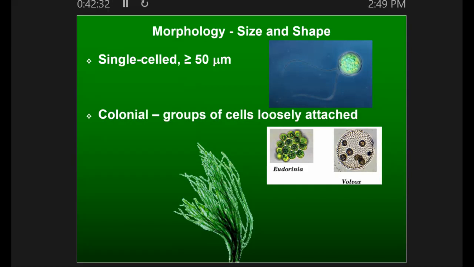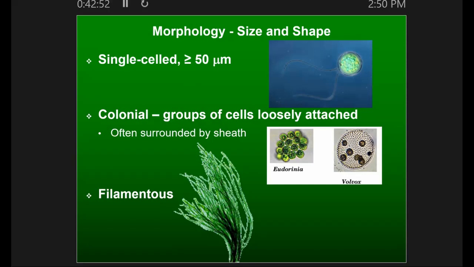Then we say they're colonial. That middle image gives you some examples of that. And then some can be filamentous, where you have definite long strands of the algae body. We have all of that around here in this area.